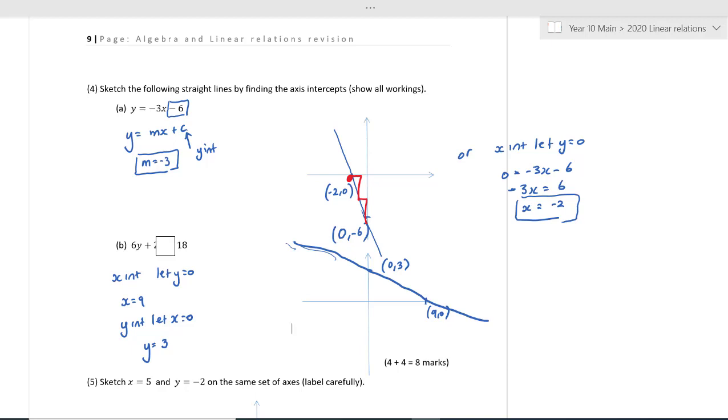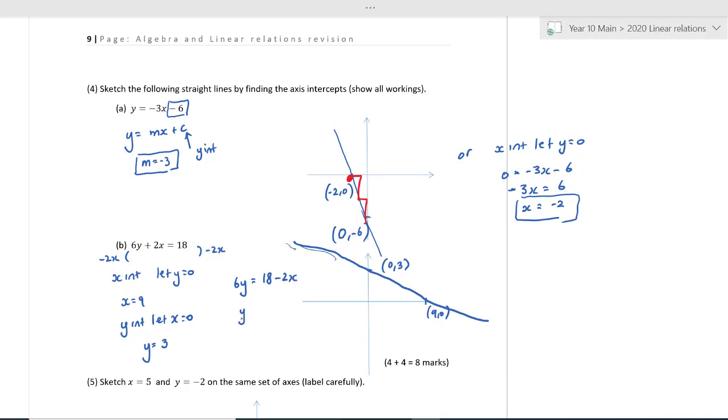What's the other way? It is longer, and we're probably more prone to making mistakes, but if I wanted to get y by itself, I could subtract 2x from both sides. And if I did that, I'm left with 6y = 18 - 2x. Divide both sides by 6.